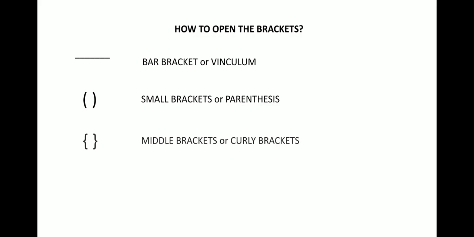Outside this bracket, if there is any other bracket, then that should be the big brackets or square brackets. Then we simplify the terms inside these square brackets, and then we can open this bracket, and that is supposed to be the last bracket found in the given expression.